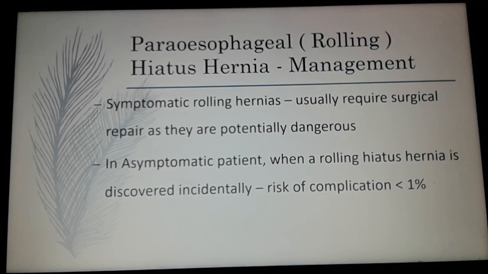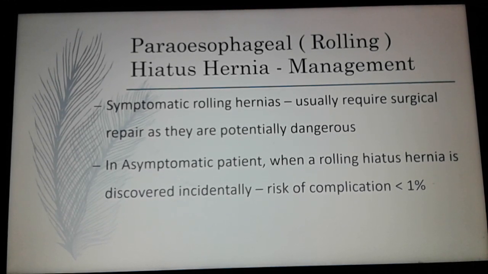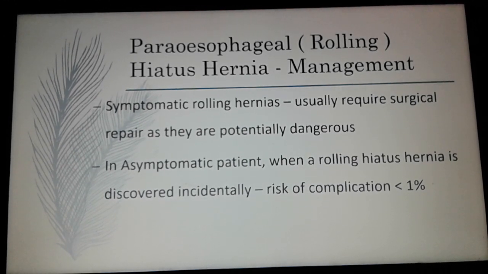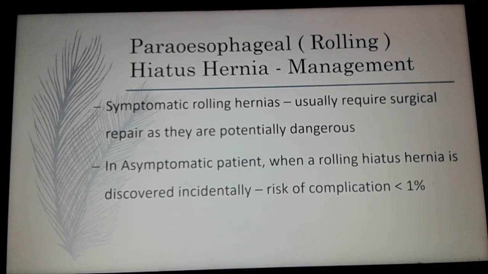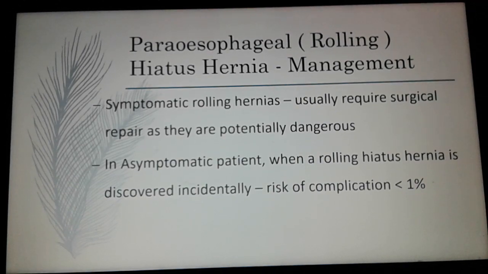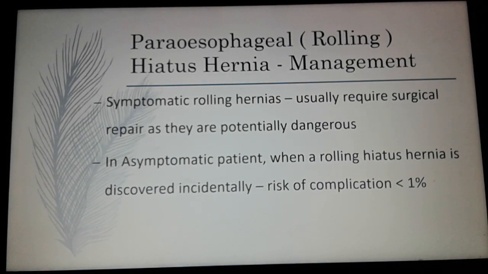What to do in this type of patient? The management differs from a symptomatic one. Why? Because the risk of complication is almost less than 1% in patients who are asymptomatic.